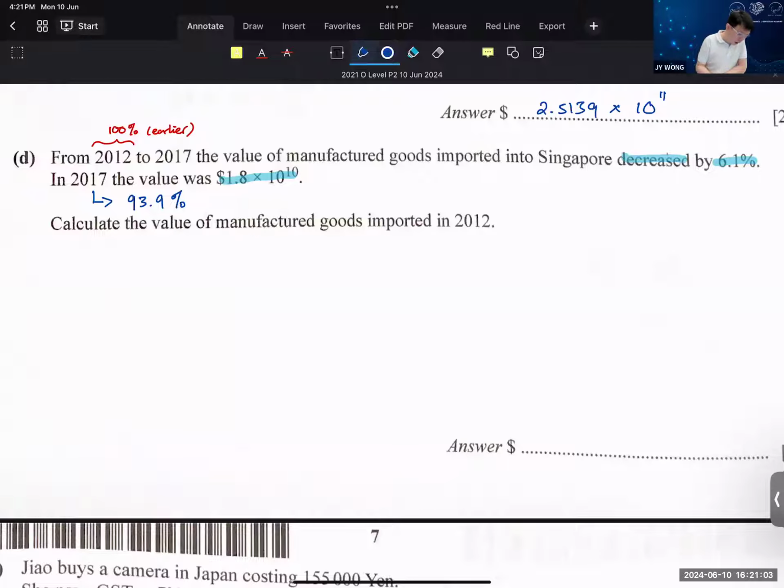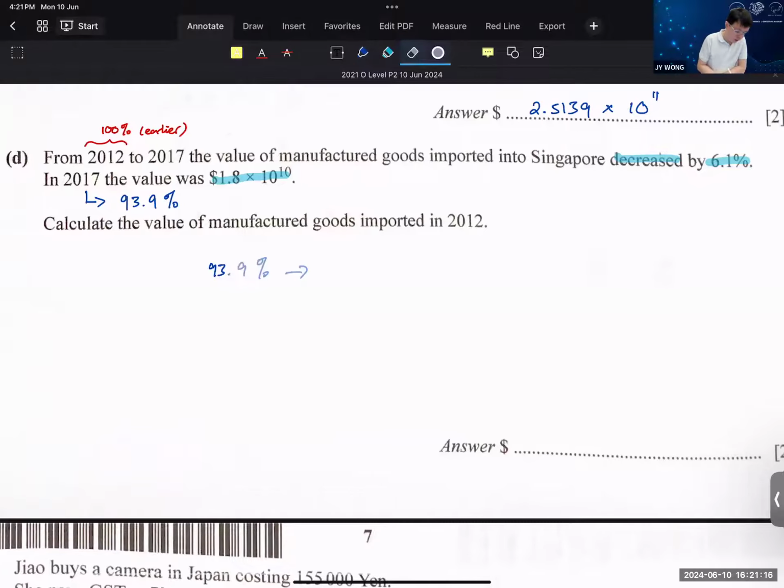You are in secondary school. I don't want to see this. I have seen this before by my Sec 1, Sec 2, some of them are still writing like that. The examiner will penalize you for presentation. In secondary school, percentage, we never use arrow. And in any case, you don't even need to write the percentage. You just write value in 2017 is equal to, so your 1.8 times 10 to the power of 10 is actually your 93.9%.